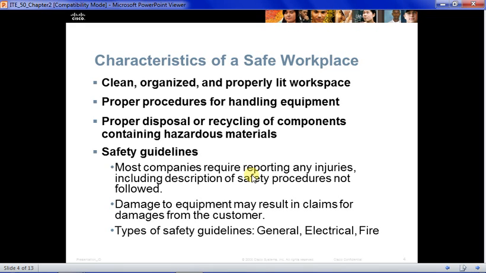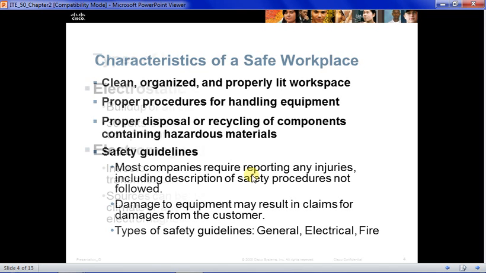Also, before you work on any printers, make sure they've cooled and that they are also unplugged. You don't want to damage or hurt yourself because you didn't wait for them to cool. Remember to keep food and drinks out of your workstation. You want to, again, keep your workspace clean and free of clutter.